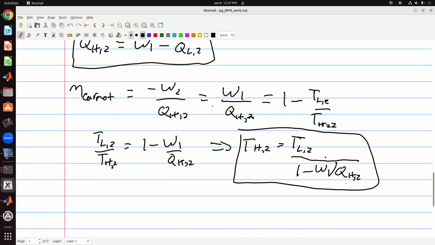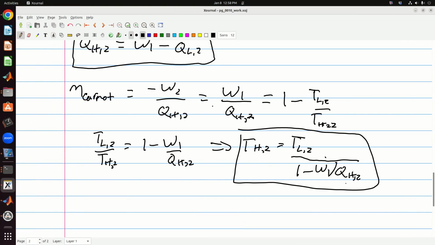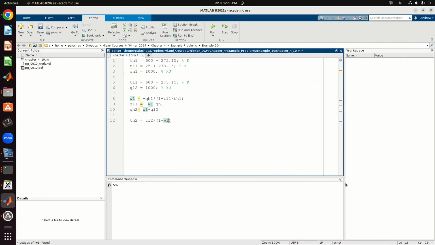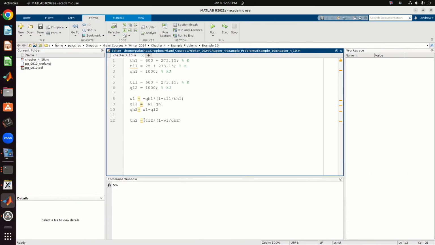Then finally, TH2 is going to be equal to TL2 divided by 1 minus W1 divided by QH2. Okay, 1 minus W1 divided by QH2, so TL2 divided by that.